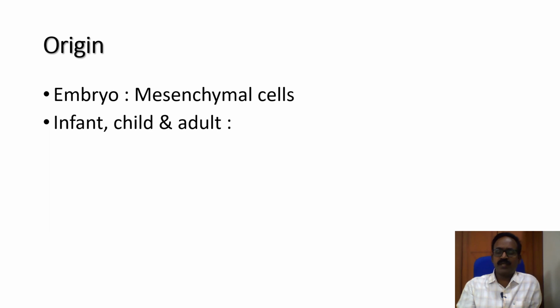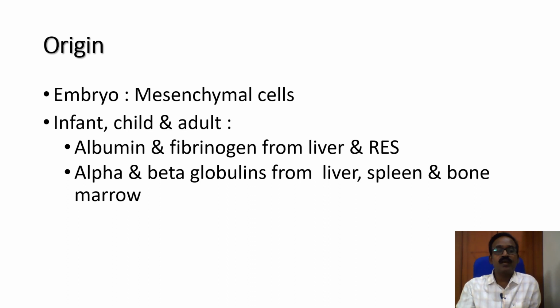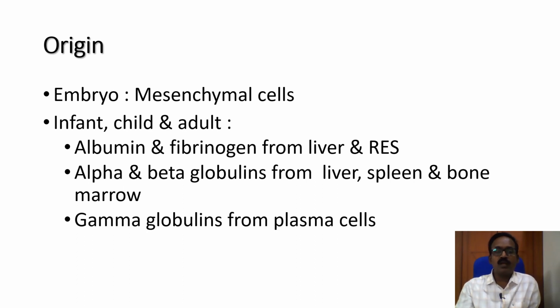During the infant period, after the delivery up to 10 months, and child life and adult life, the plasma protein originated from the liver: albumin and fibrinogen from the liver and reticuloendothelial system, alpha and beta globulin from the liver, spleen and bone marrow, gamma globulin from the plasma cells. Plasma cells are derived from the B lymphocytes.